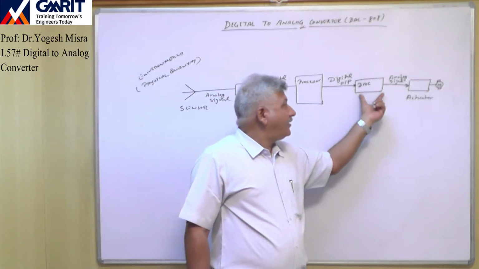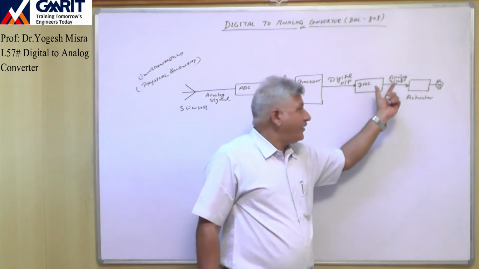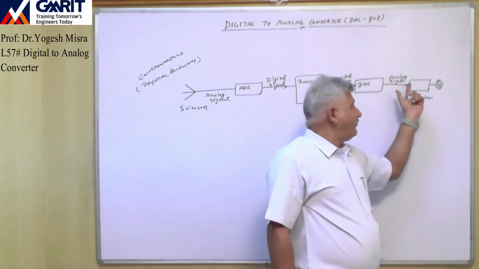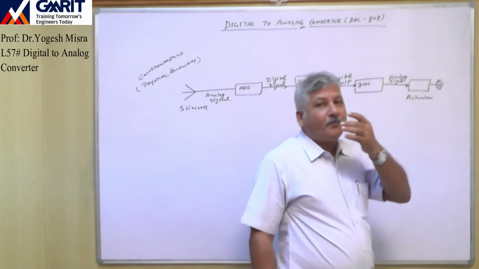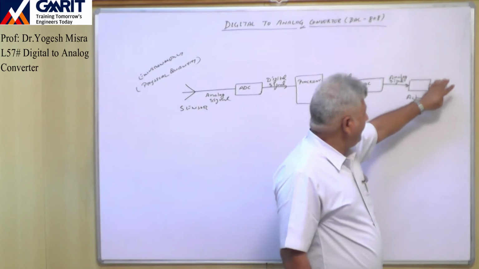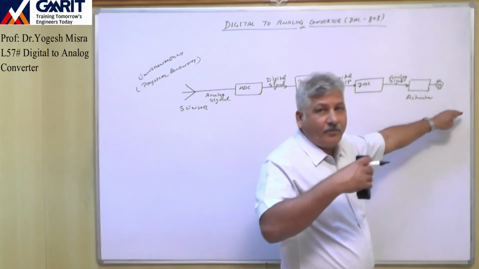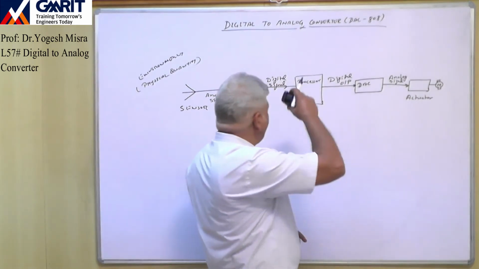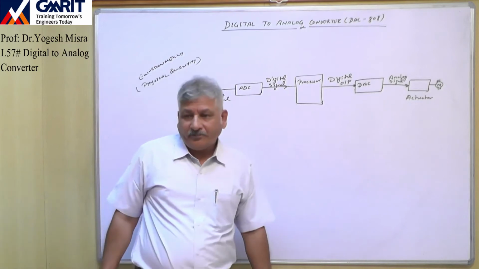Again we will convert the digital output by using a DAC, digital to analog converter, into an analog signal. With this analog signal we will run the motor, or a fan, or the compressor of the air conditioner. When the compressor or fan runs, it will bring down the temperature of the room. This is the whole structure of the system.